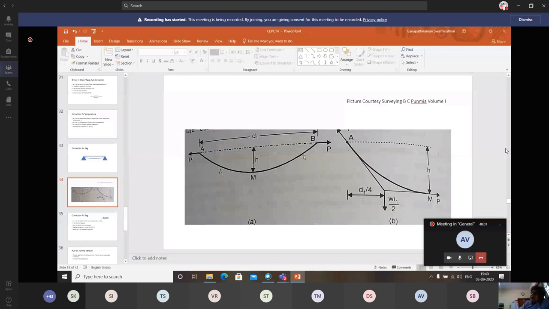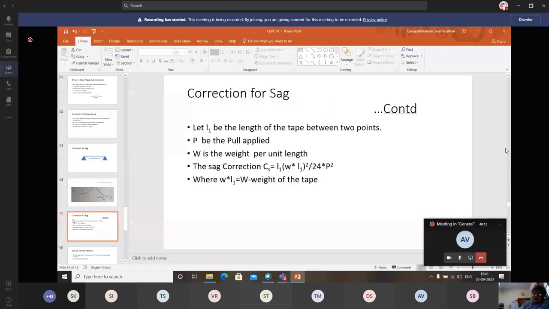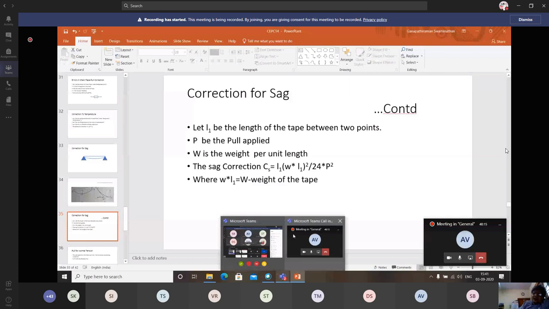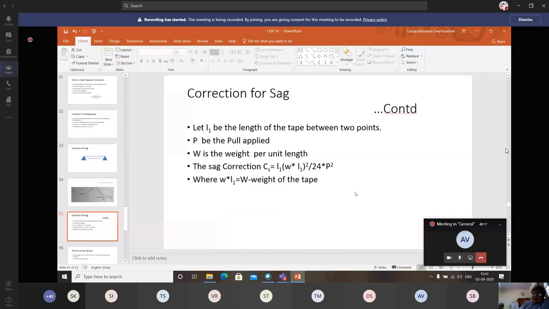When it sags, what happens? You will be measuring more. Always a sag correction will be a negative correction.